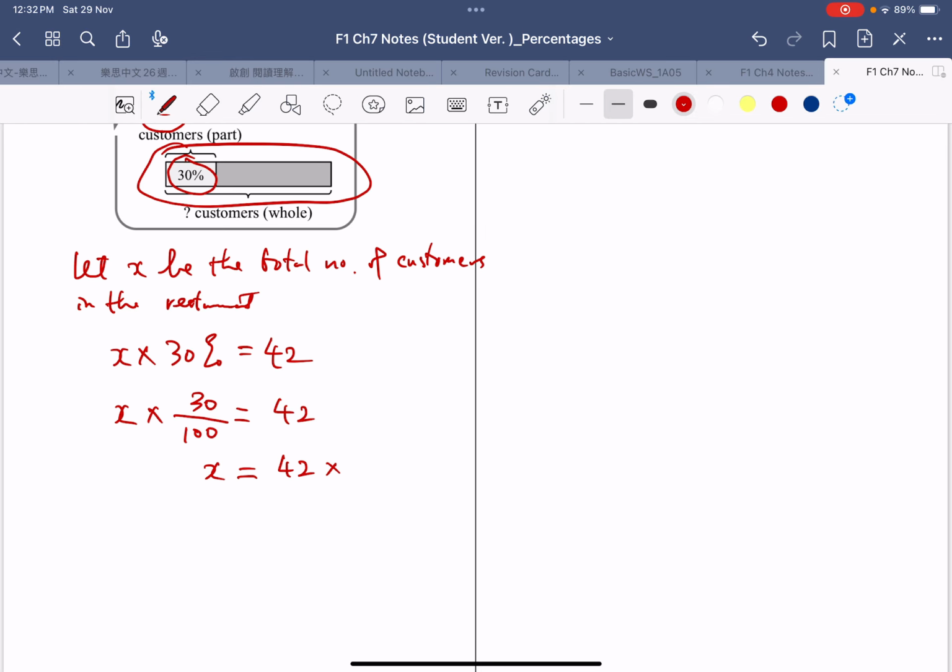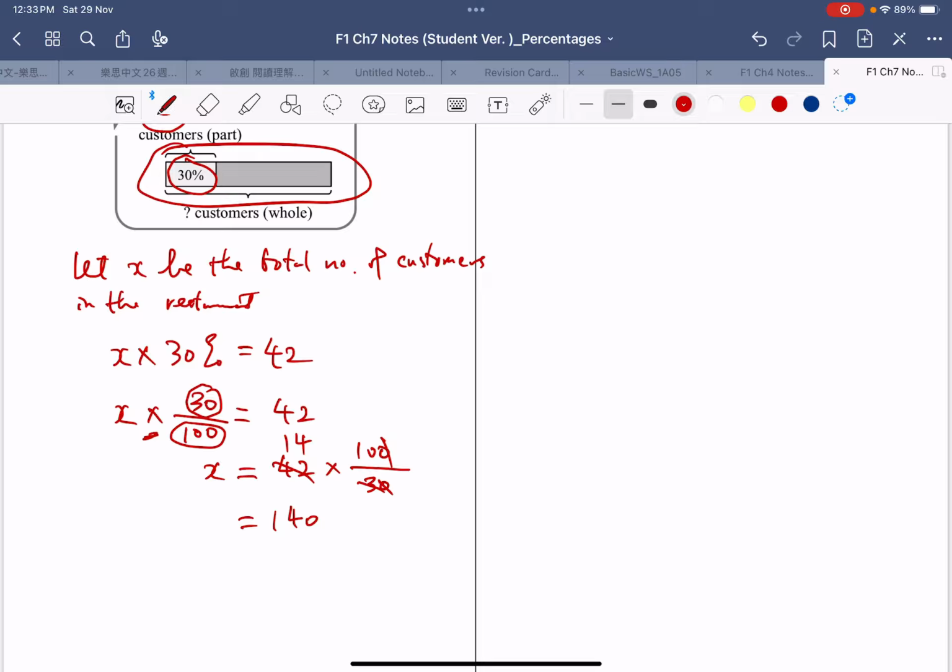You multiply 100 to the right hand side and divide by 3, just invert it. Because you multiply means here you divide the whole thing, and if you divide the whole thing, you make it upside down to change division to multiplication. Then you cancel zeros, and 42 divided by 3 is 14, and adding a 0 gives x.